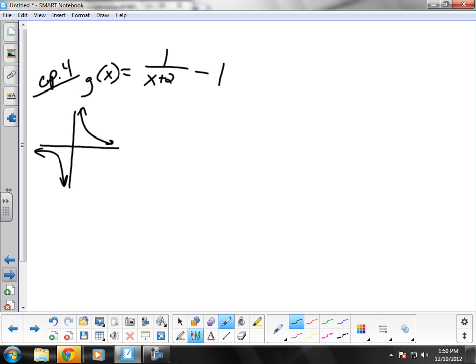The important part of this piece is really my vertical and my horizontal asymptotes, right? Because I'm going to draw within those boundaries. So, according to this graph translation that I've got up here, have I dilated or reflected it any? No. Still a 1 up in the numerator. What have I done, though?